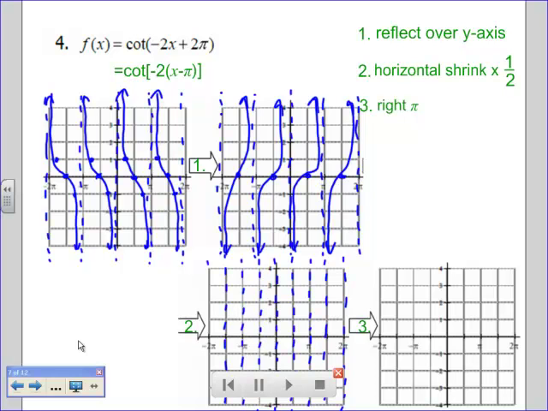Your zeros were at pi over 2, 3 pi over 2, 5 pi over 2. When you multiply, they're now going to be at every pi over 4. So I've got a 0 in the middle of each one of these asymptotes. It shouldn't change from increasing, so it should still be increasing, and you should still be getting up to 1 about halfway in between asymptote to asymptote, or 0 to asymptote.